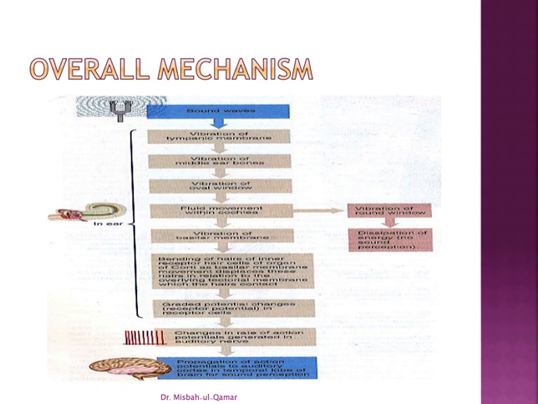As a result, there is vibration of the oval window, and this vibration causes the fluid movement within the cochlea. Now this movement causes the vibration of the round window and also of the basilar membrane. The movement of the basilar membrane causes the displacement of the hair or the stereocilia in relation to the overlying tectorial membrane.